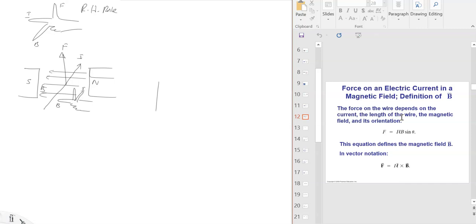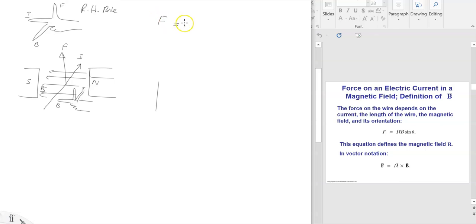We use this equation, a pretty straightforward, simple equation. Force equals I L B sine theta. I is the current, the magnitude of the current.